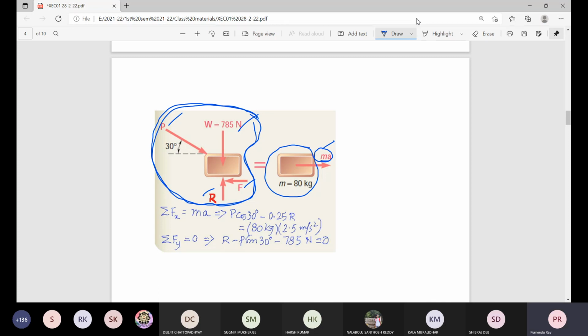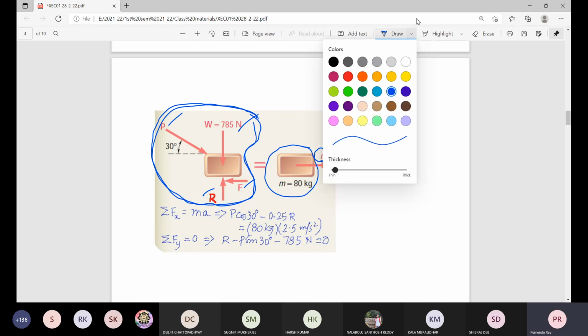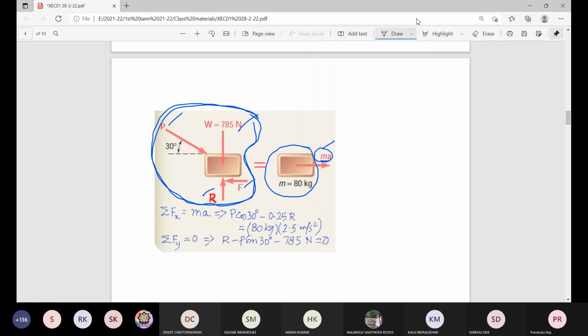Similarly, the resultant force along the horizontal direction is equal to mass multiplied by acceleration, which gives the component of P along positive x direction, then the friction resistance F, 0.25, the mu k, multiplied by R, and that is equal to this 80 kg multiplied by 2.5 meter per second square. The problem is very simple.